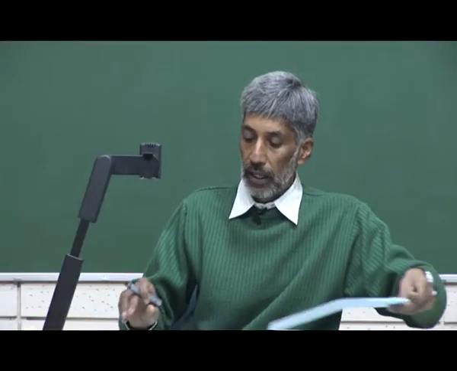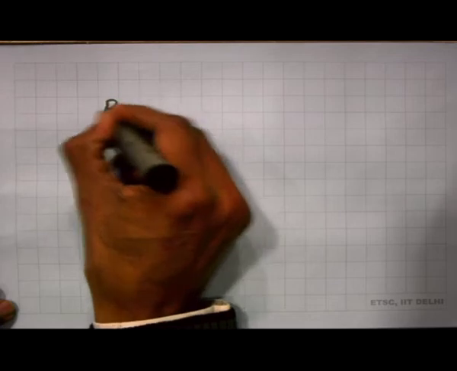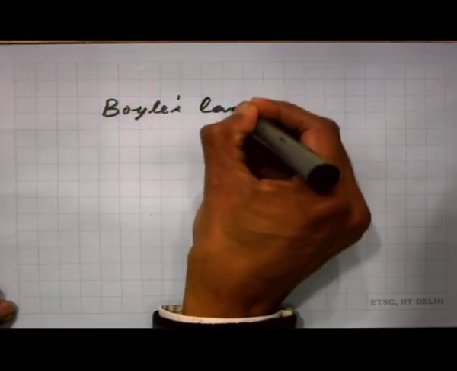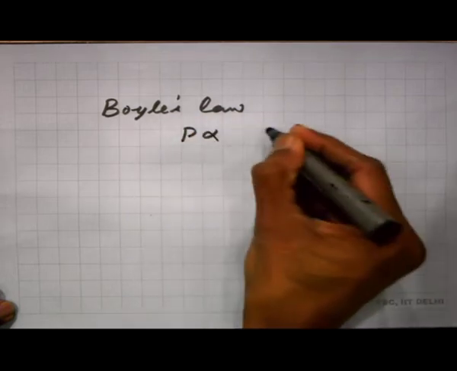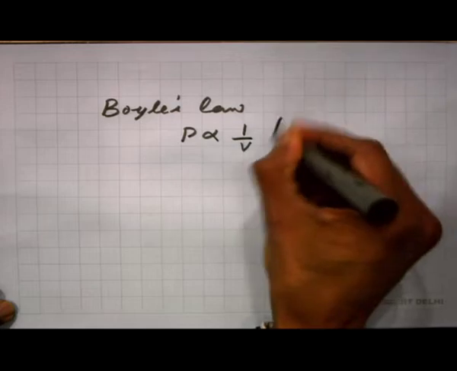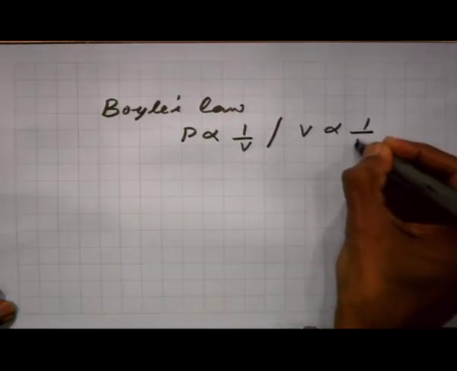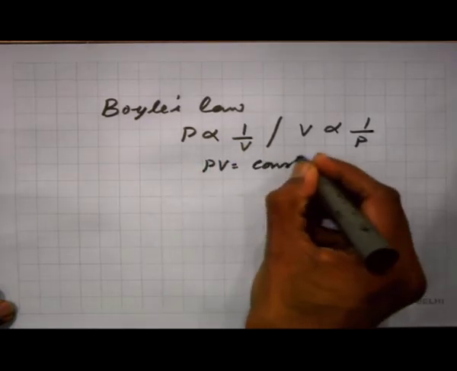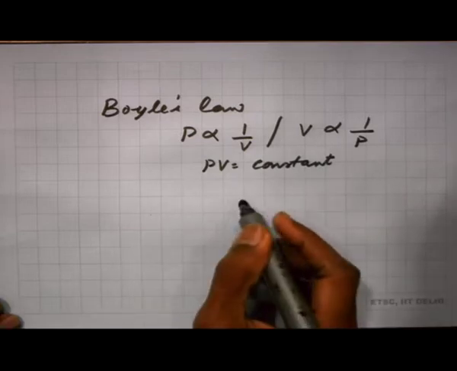Where were we when we last finished? We had looked at Boyle's law, which relates pressure to volume or volume to pressure, whichever way you want to call it. That is, PV equals constant at constant temperature and for fixed amount of gas.